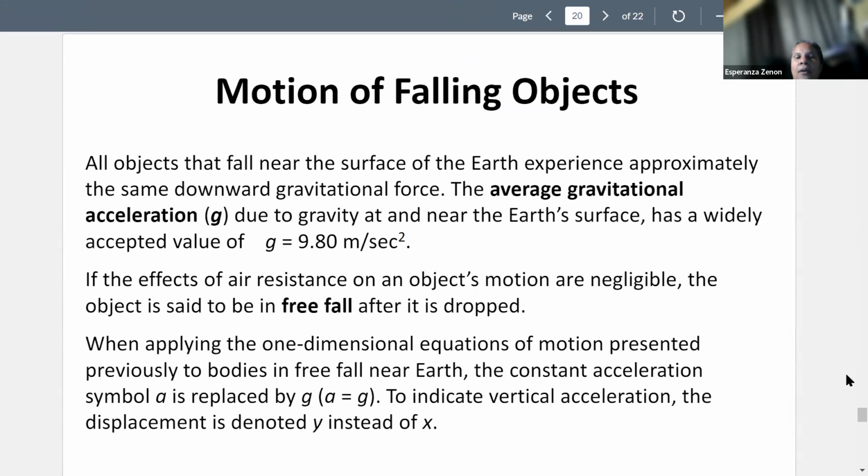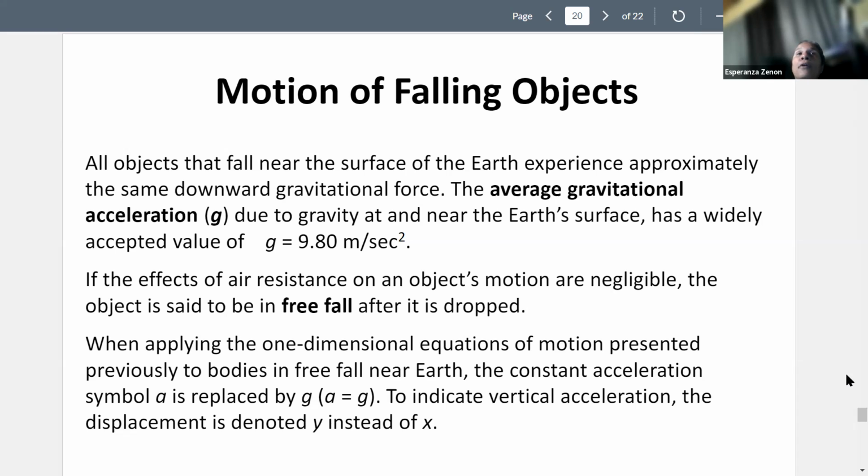So now let's restrict our motion even more. So one dimension, constant acceleration, free falling. So free falling means vertical motion only. Okay. So our object is moving vertically.